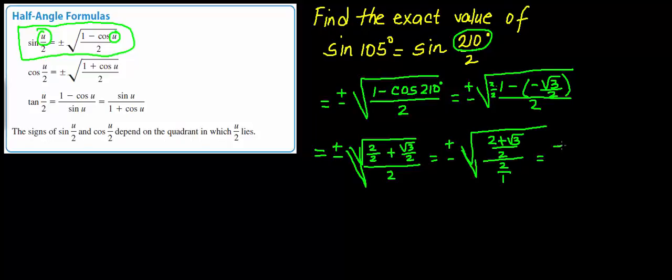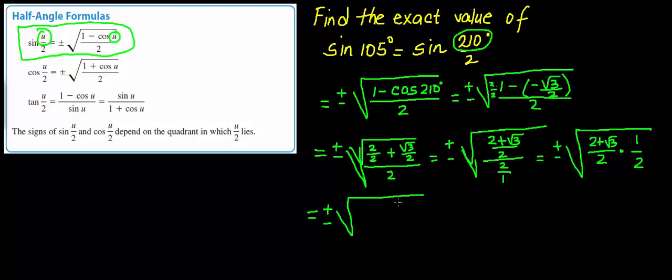So I can rewrite this as plus minus the square root of the numerator, which is 2 plus the square root of 3, everything over 2, times the reciprocal of the denominator, which is 1 over 2. And now I can multiply numerator times numerator and denominator times denominator, which is going to give you plus minus the square root of 2 plus square root of 3 times 1. It's still 2 plus square root of 3. And 2 times 2, that'll give you 4.